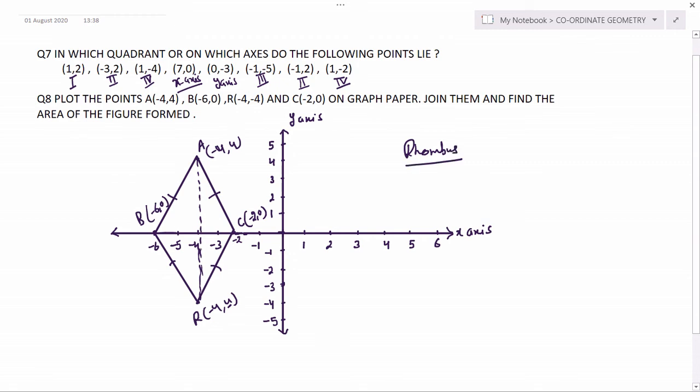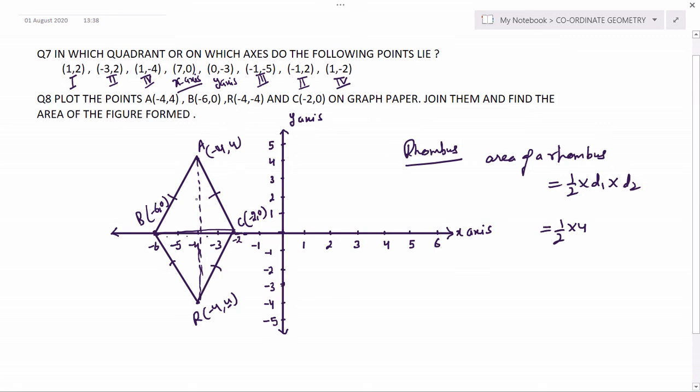Now it is saying find the area of this. What is the formula for the area of a rhombus? It is half into d1 into d2. Now you can see what d1 is. d1 is this length from here to here. How many units are here? 1, 2, 3, 4. So my d1 is 4. Now d2 is this diagonal, right?